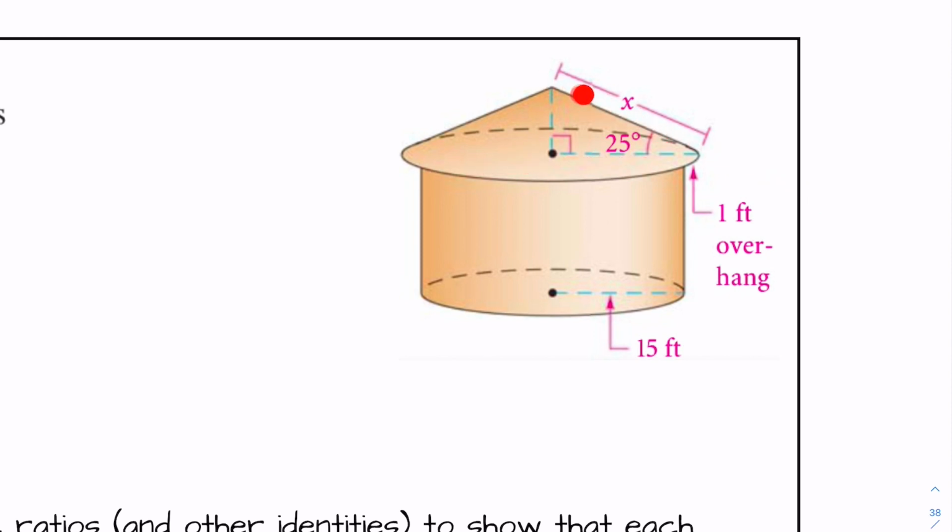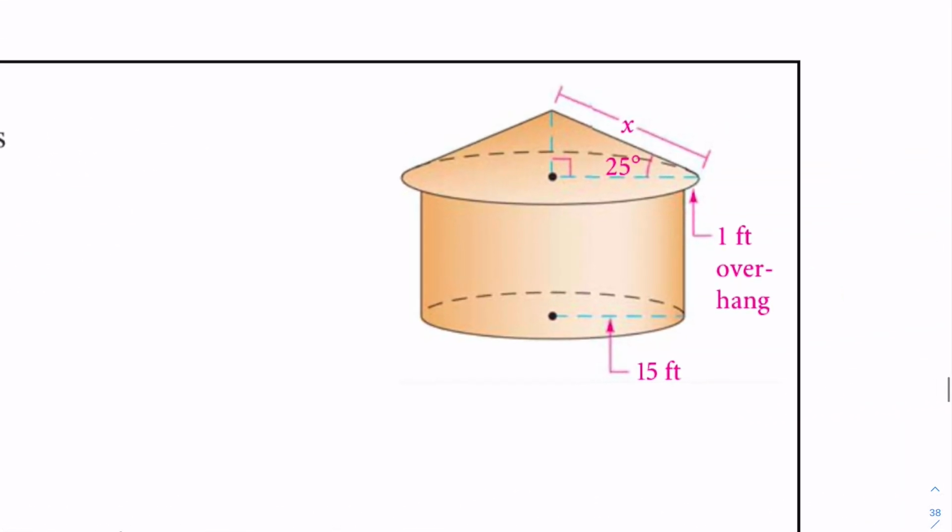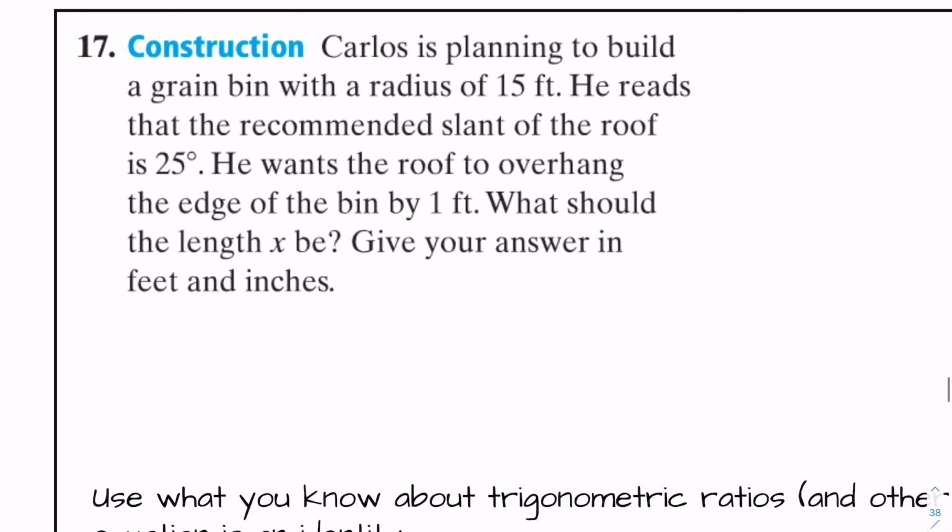So you want some type of pitch. And it looks like it's 25 with a 1 foot overhang. He wants the roof to overhang the edge of the bin by 1 foot. What should the length of x be? Give your answer in feet and inches.